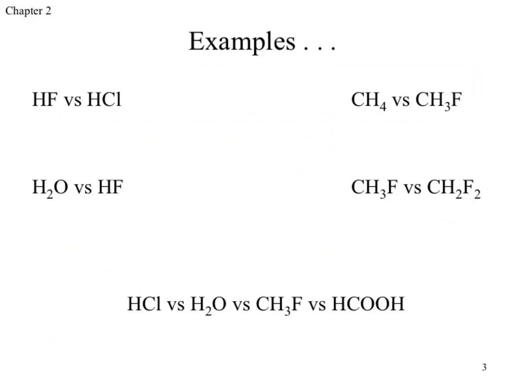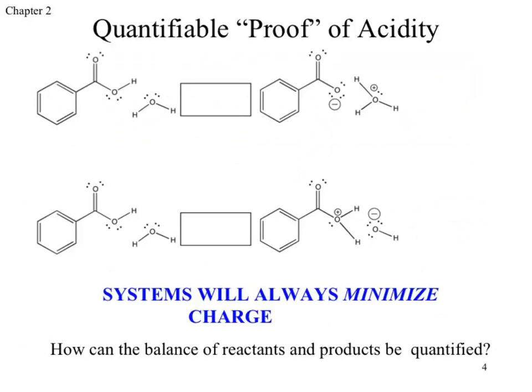Can we quantify this? So if we're given a reaction and asked to predict the products, you will see this in Sapling, and you'll see it in your exams as well.